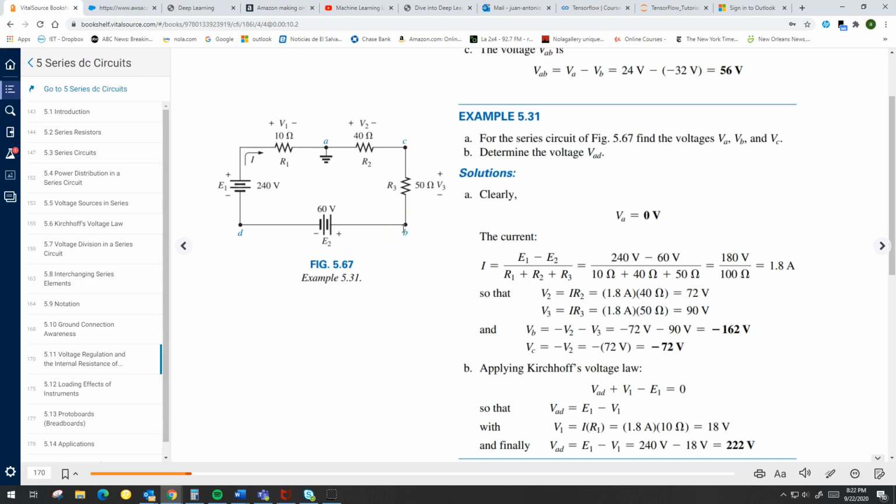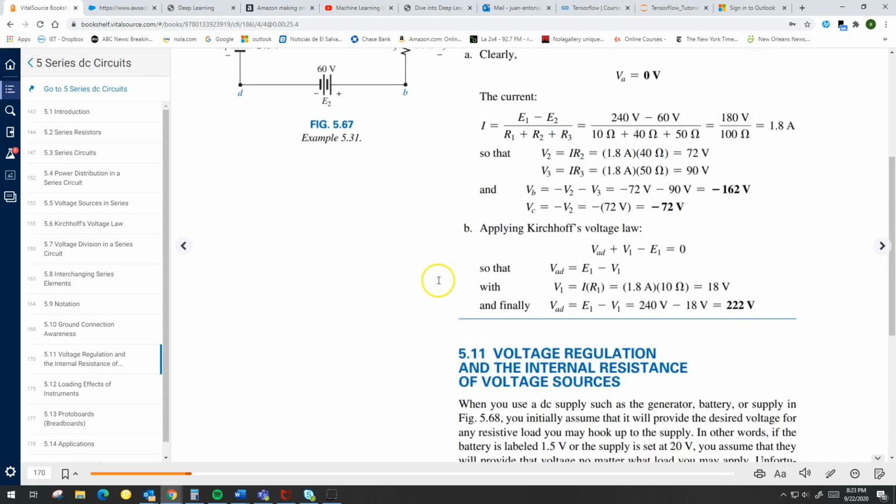And VC, where's C? C is here. It's just the voltage from C to ground, because we're looking for C to ground, it will be minus V2. Notice that. Always remember you can think of putting a meter, and when you put the leads in those meters, the polarity matters.